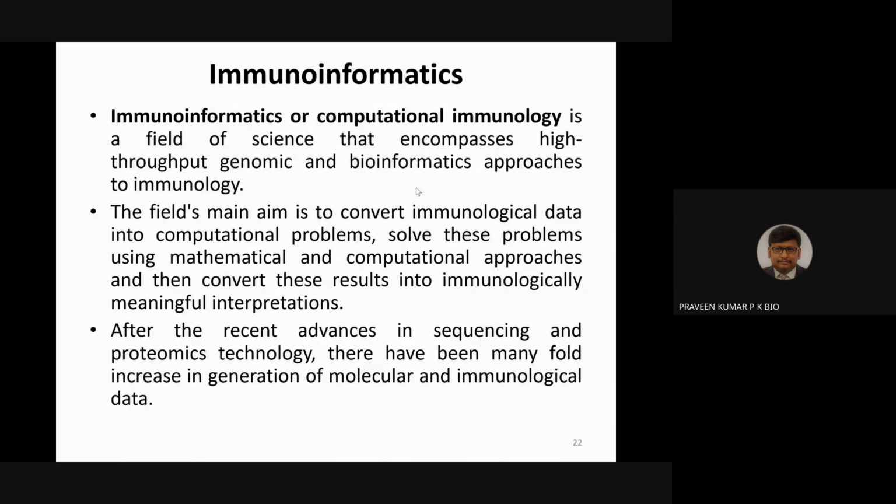Even in cancers, we can use immunoinformatics approaches. So this is something related to immunoinformatics. Majorly, you should have knowledge of immunology, and then some knowledge of computational techniques, to infer the results derived from this approach.